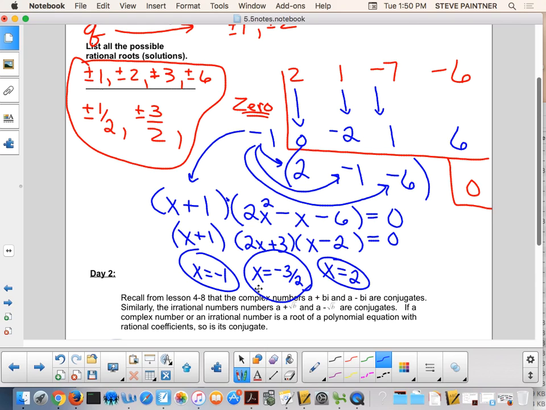I only did 1, negative 1, 2, negative 2, 3, negative 3. I never even tried that one. But here's the deal. The group in the corner, if you'd have got the 2, then your answer here would have factored into this and this, which would have given you these 2 answers. So your work would look different than mine. Got that? Really depends on which one you find first.